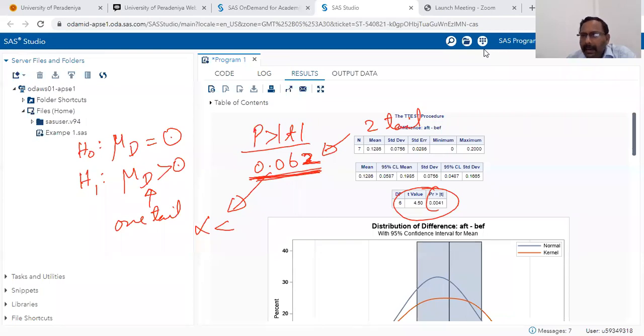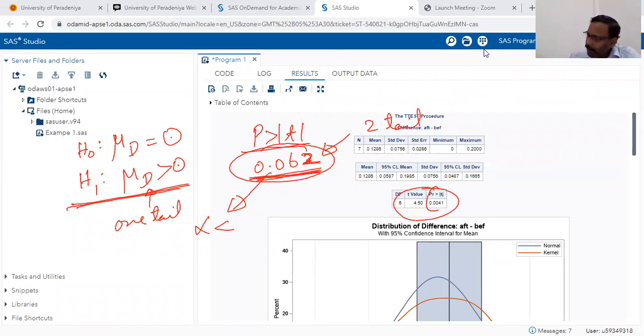Right? Any questions? Can you hear me? Right. So if you take this value directly, we may conclude that we do not reject our null hypothesis. But in reality, actually, it is 1 tail.